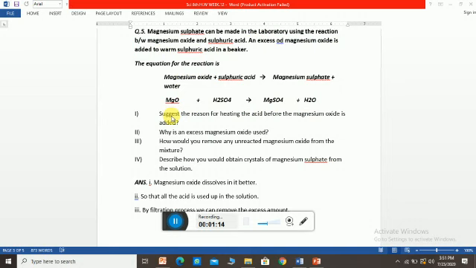They are asking a few questions, and what are those questions? The first one: suggest the reason for heating the acid before the magnesium oxide is added.